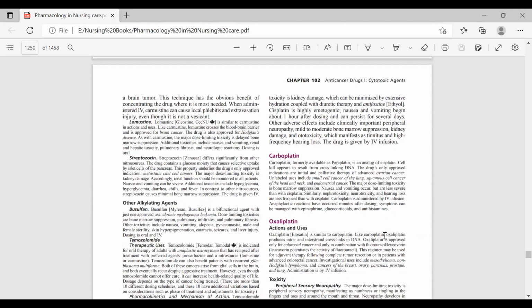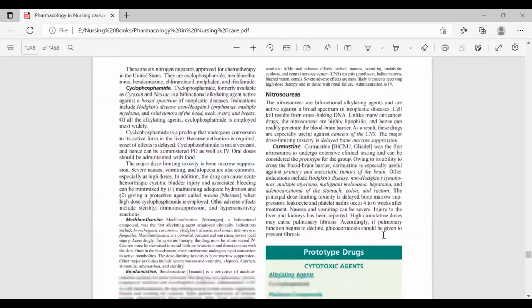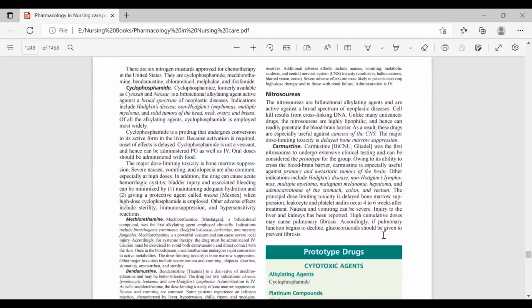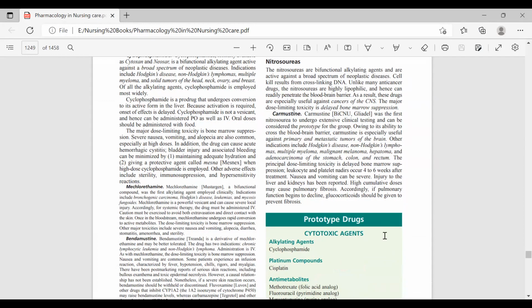Carmustine is also known as BCNU. It is the first nitrosourea to undergo extensive clinical testing and can be considered the prototype for the drug class. It has the ability to cross the blood-brain barrier and is especially useful against primary and metastatic tumors of the brain.